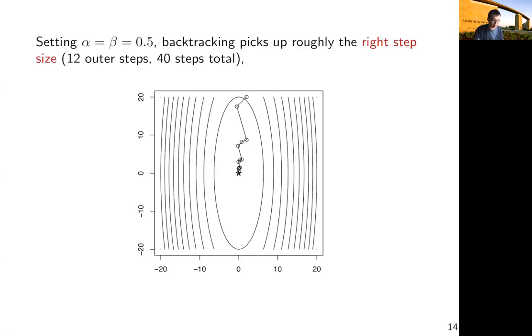Each outer step may take several rounds of trial and error, shrinking the step size until you find one that satisfies the sufficient descent condition. So it takes a much smaller number of iterations, but a number of steps contemplating before you actually take an update of your parameter.